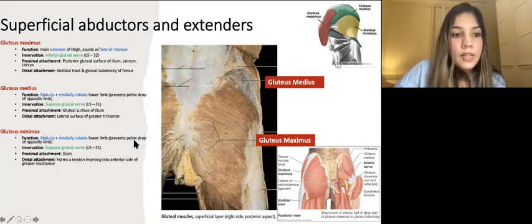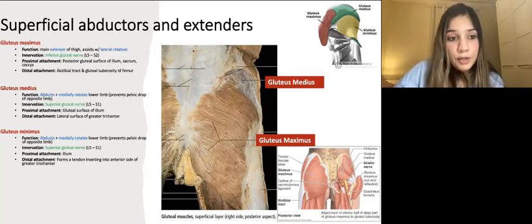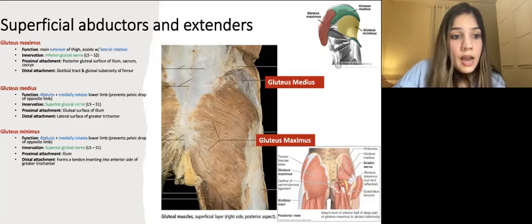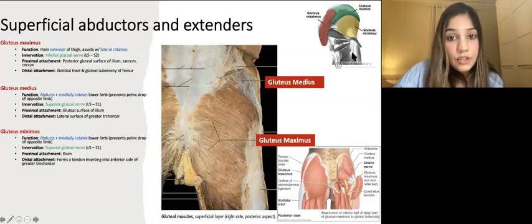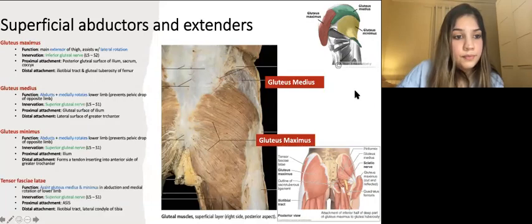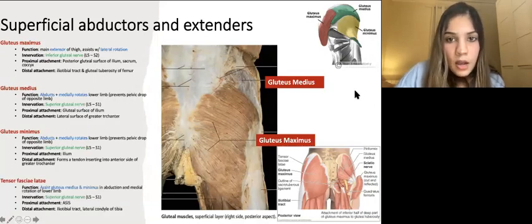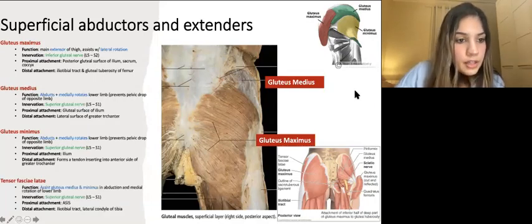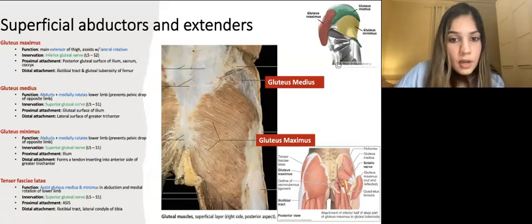And this is also innervated by the superior gluteal nerve. It attaches to the ilium as well, and distally it forms a tendon inserting into the anterior side of the greater trochanter. Okay, I'll let you read that in your own time.